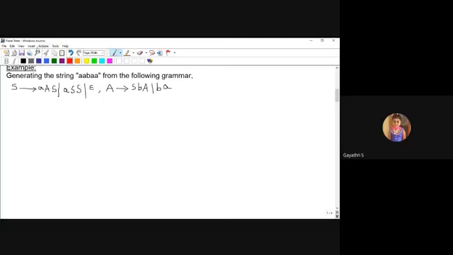So first you have to draw the left derivation tree. See, this is the string A B A. So I will choose first S. Pick your production rule, be very careful.